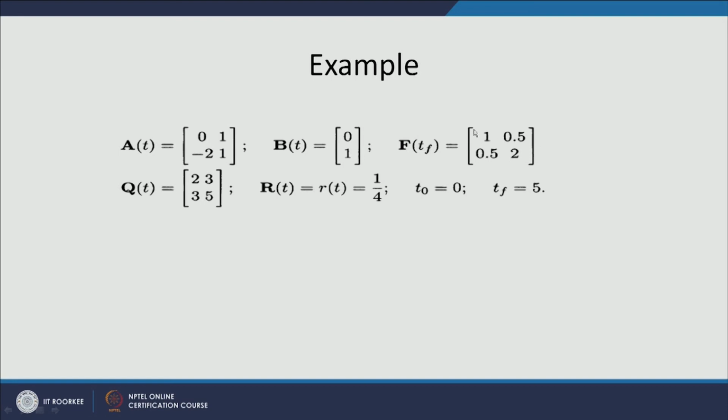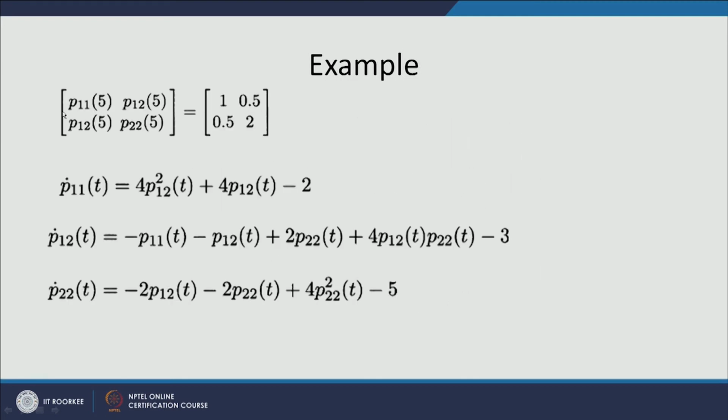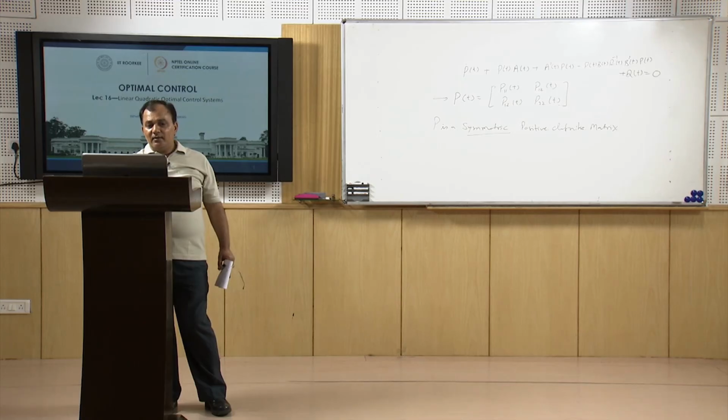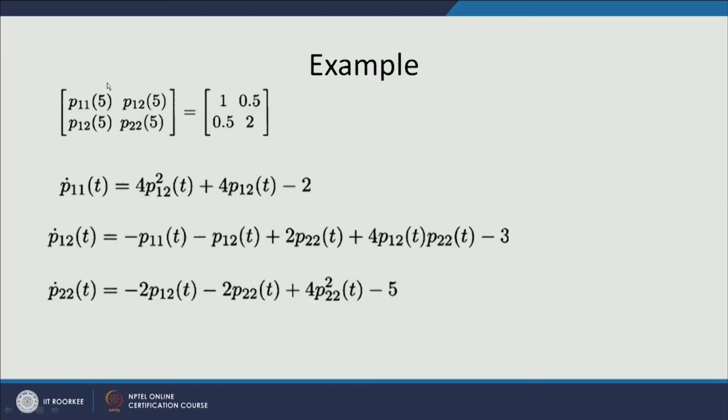So, all these parameters represent the final values of my P11, P12, P22 as 1, 0.5 and 2. So, these 3 equations I have to solve with these 3 conditions. Any numerical technique can be adopted to solve these equations, and in this way we can determine the P matrix.